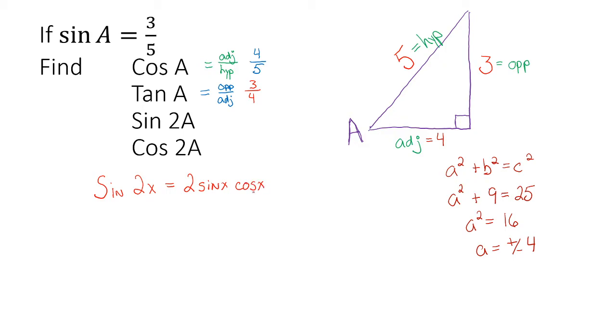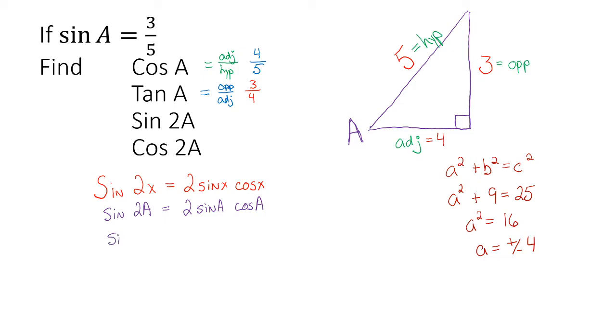If your card has an a instead of an x, that doesn't make much of a difference. In this particular case, we are using a's. So the sine of 2a, or double the angle, is the same as double the sine of that angle times the cosine of that angle.